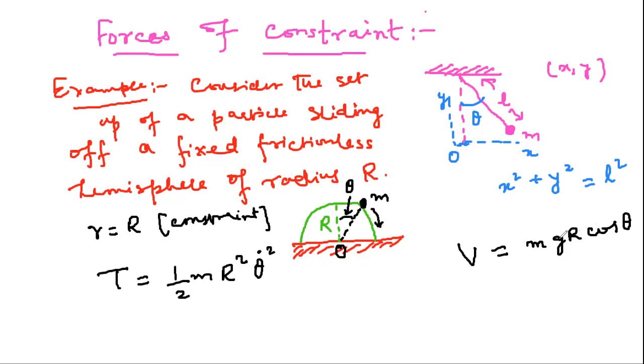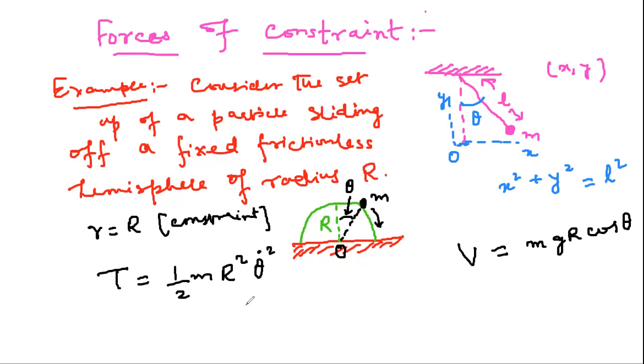So if potential energy at O is taken as 0, then the potential energy at any theta is mgr cos theta, because it is mgh. R cos theta is actually the height of the particle when it is having angle theta with the vertical. Then r cos theta is its height from the bottom. So mgr cos theta is simply potential energy of the particle relative to bottom of the hemisphere or relative to point O.